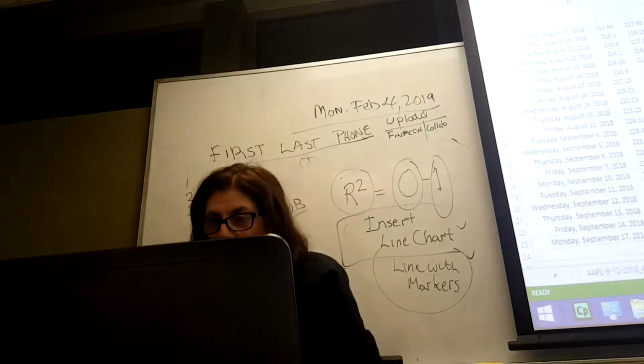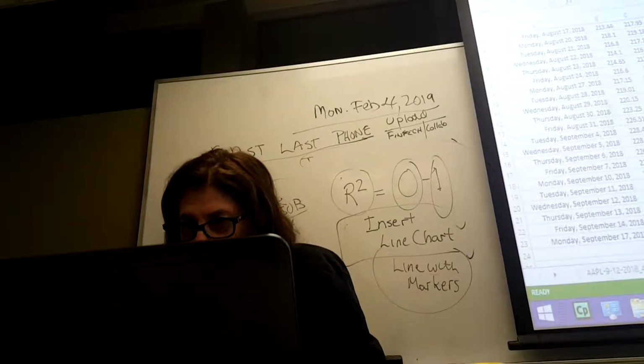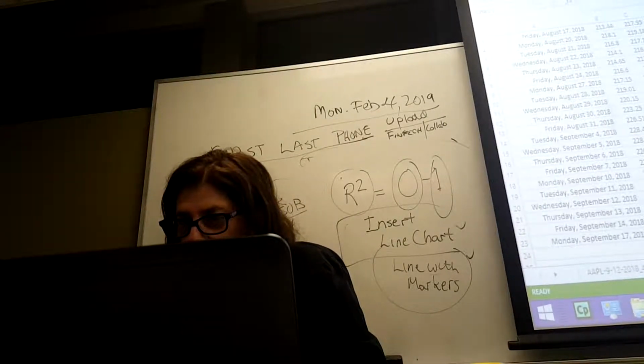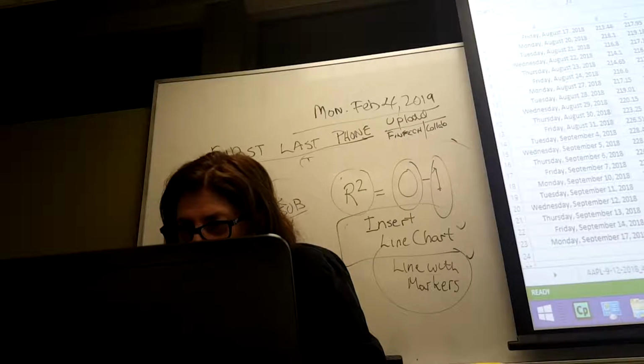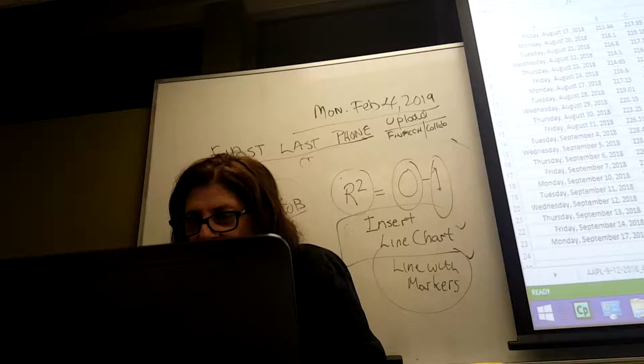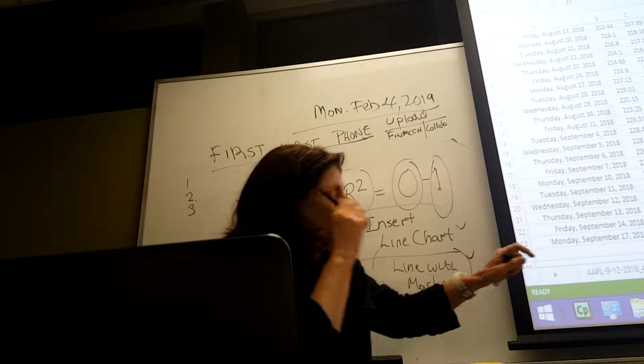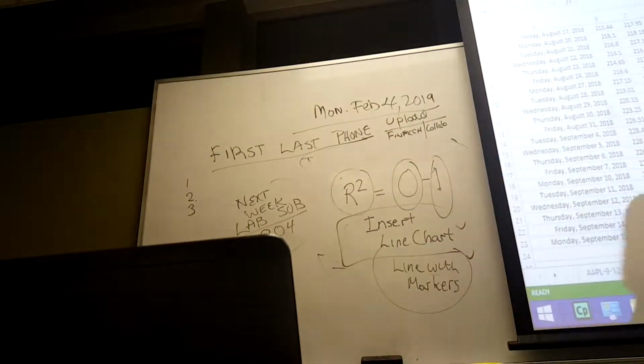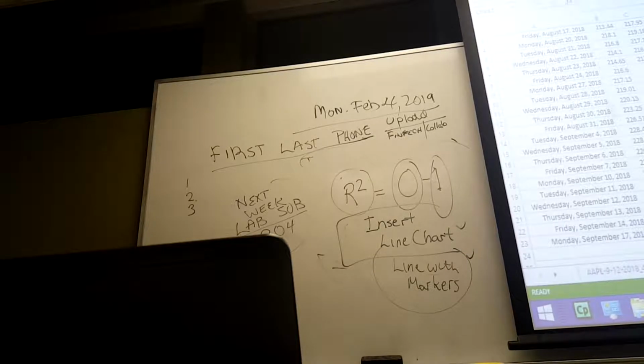So I'm going to start with the linear, right? And put this in your notes as well. I'm going to start with the linear, and notice here, I want to forecast forward 5 periods. Yes?